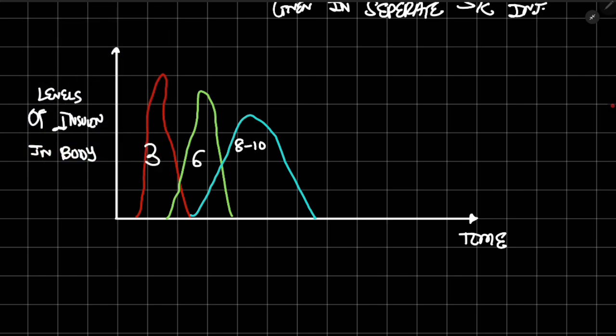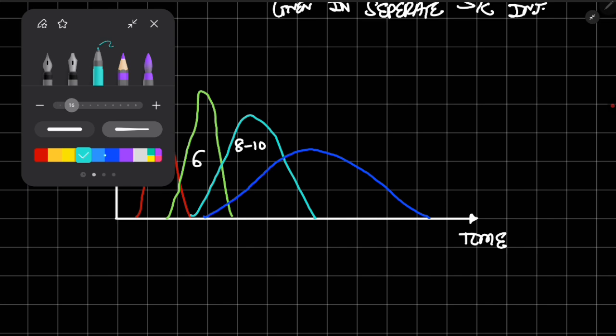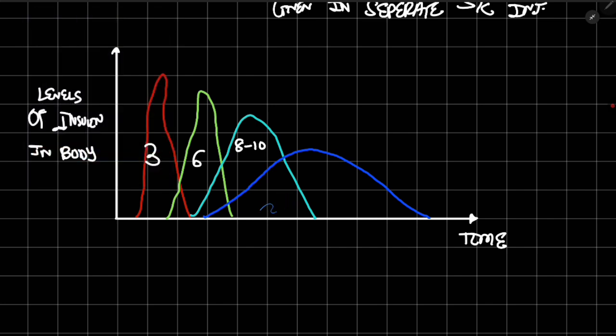Under long acting, the onset of action is slower and the peak is also reduced. And the same goes with ultra long. The peak is reduced, the onset of action is reduced, but the duration of action is prolonged.